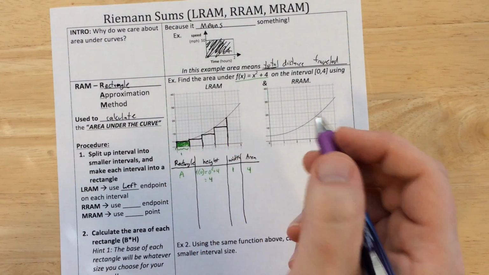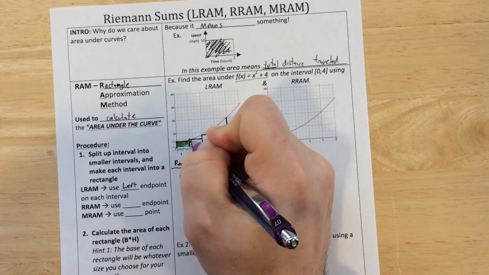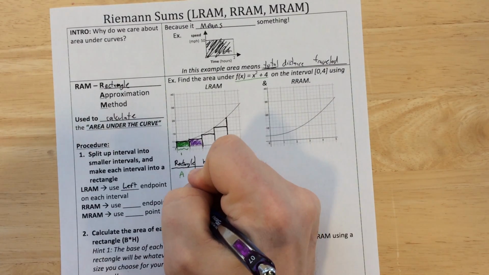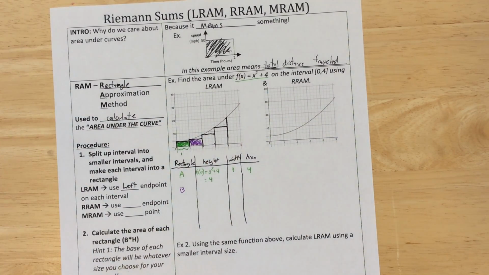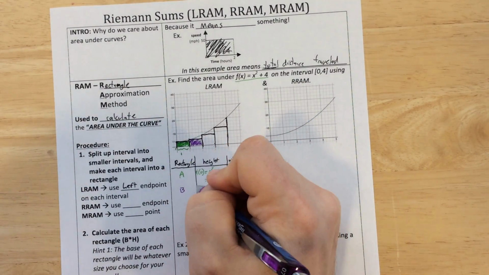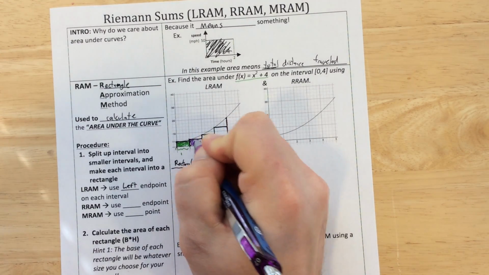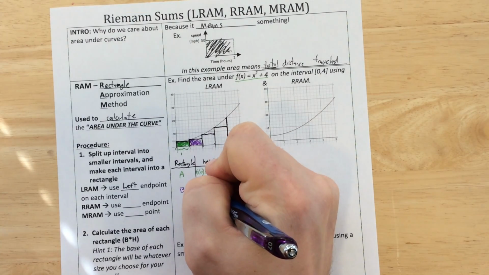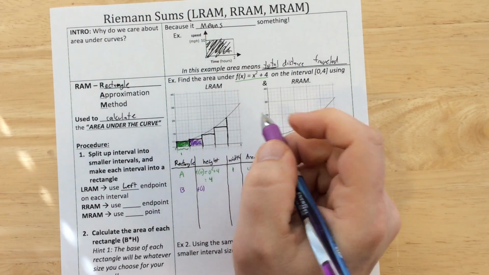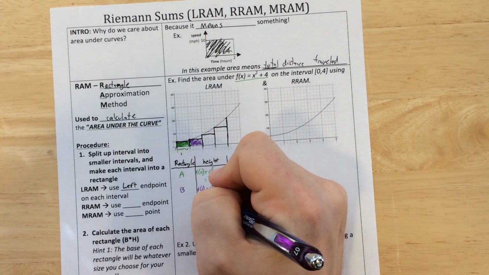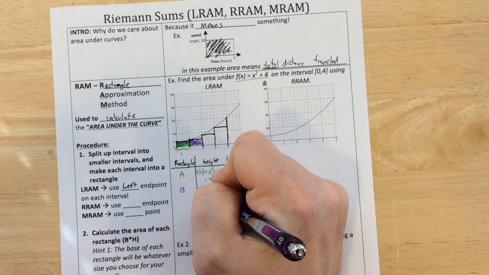And we're going to repeat this process for the other 3 rectangles. My next rectangle is that little purple rectangle I colored in. I'm going to call that rectangle B. The name of the rectangle isn't super important, but that rectangle's height, again from the left endpoint, came from plugging in 1 and going over. So if I plug in 1, I'll get the height of that rectangle. That's 1 squared plus 4, which is 5.